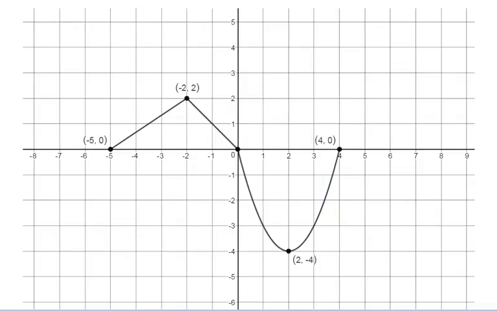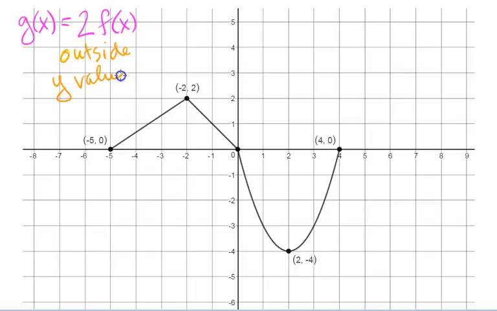Okay, suppose that g of x is 2 times f of x. This is outside the parentheses. Ooh, that doesn't look so good. Outside. So it changes y values. Okay, so what I'm going to do is multiply y values. This one, 0, stays the same. This y value, positive 2, goes to positive 4.